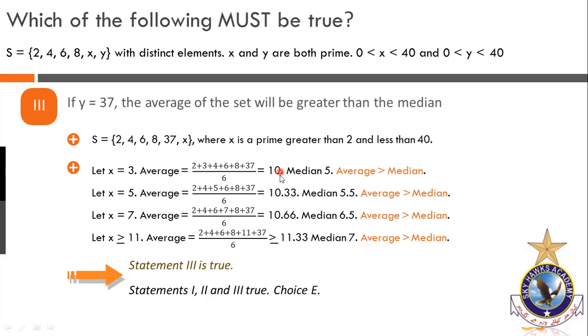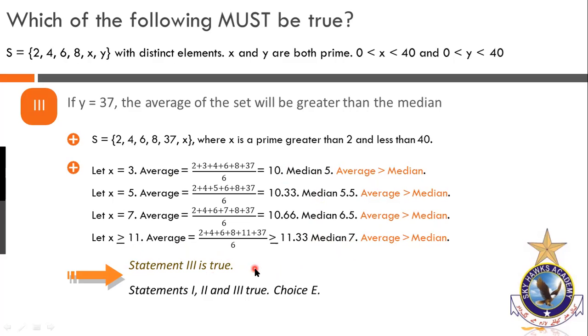For all the possible values, the average is all the time greater than the median. Whatever you do increasing the value of x until 39, you will get the average greater than the median. So statement 3 is also true.